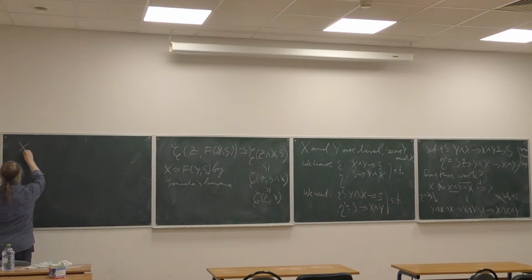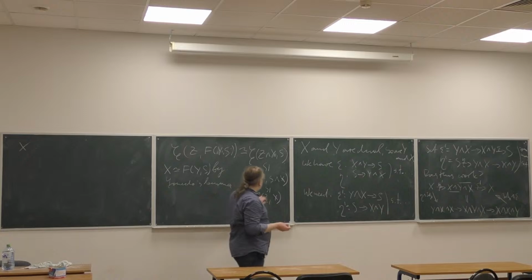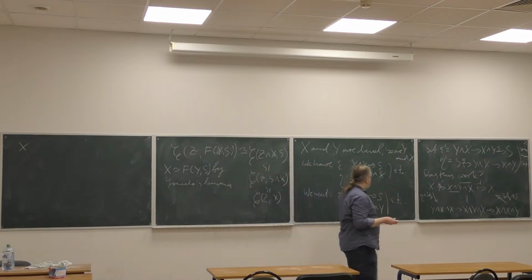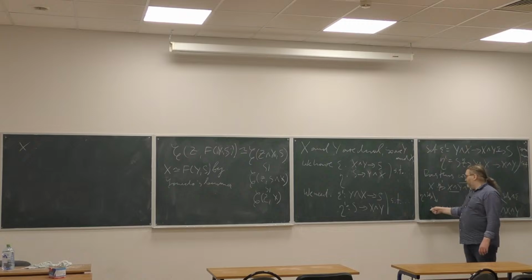And as you've no doubt noticed, I also ignore the monoidal unit, which is S. So normally, before I create y wedge S out of nowhere, I should add S on the left, but I just don't do it.